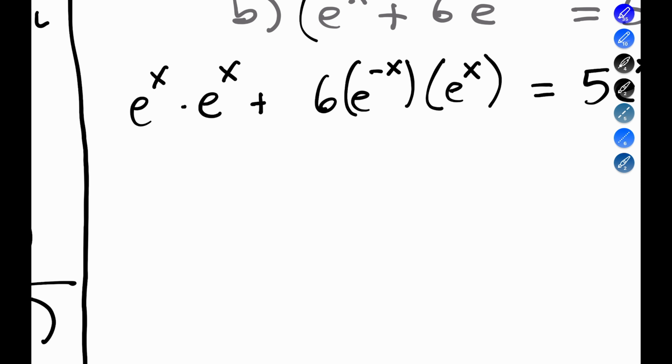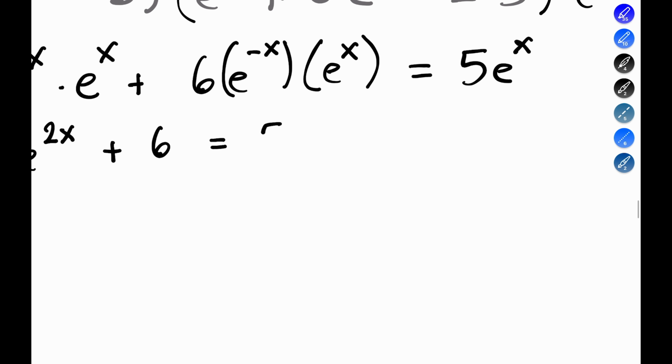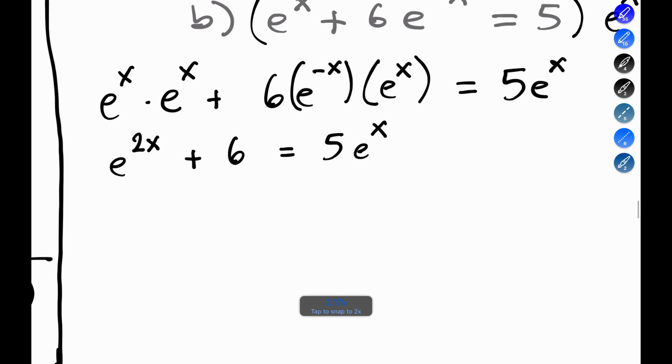So it's going to be e to the power of x plus x, which is 2x. And then e to the power of negative x plus x, which is just 6e to the power of 0. And anything to the power of 0 is just 1, so it's basically 6 times 1. And that's all equal to our 5e to the power of x.